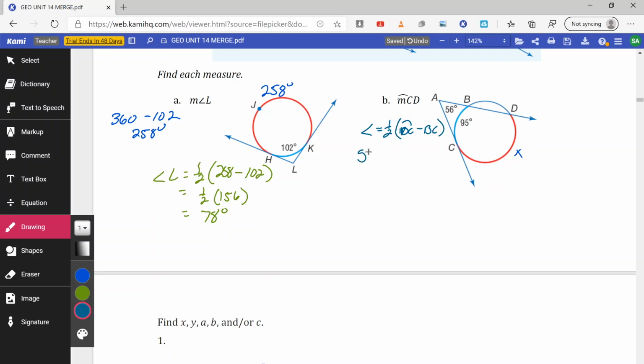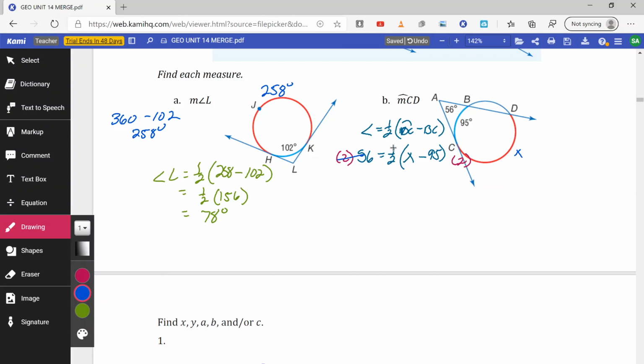So the angle measurement is 56 degrees, so that's going to be half of our unknown x minus 95. So if we're dividing by 2, like we are, we're cutting in half, meaning we have to multiply by 2 in order to cancel out our fraction. So times 2.